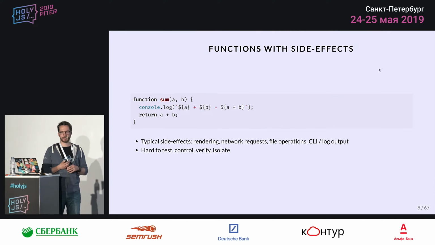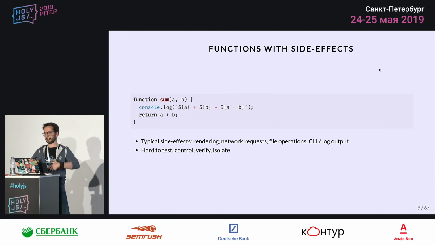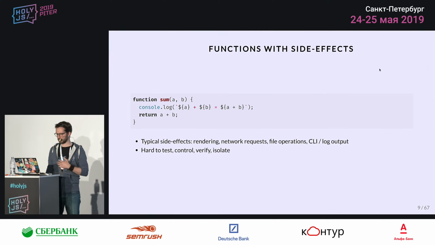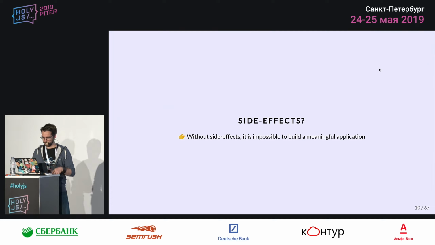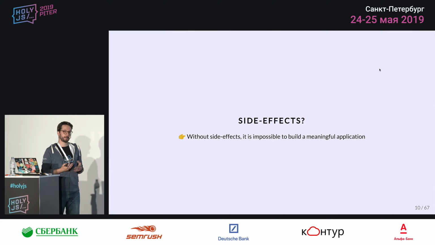But also, side effects are annoying because they're hard to test and verify. They change things outside your application. We don't like them. But sadly, it's basically impossible to build a meaningful application without side effects, because then it cannot have any output or change the world. So what would be the meaning?